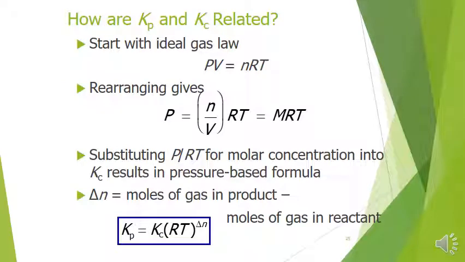So how are Kp and Kc related? So we know they are related because we have the ideal gas law, which says pressure and volume are related to each other. If we rearrange the equation, we get pressure is related to nRT over V, where n over V, moles per liter, is molarity.